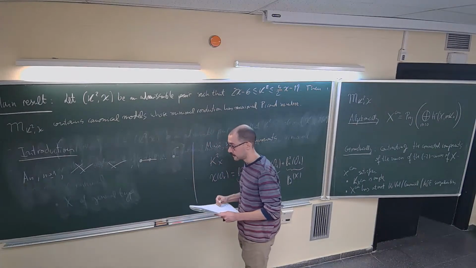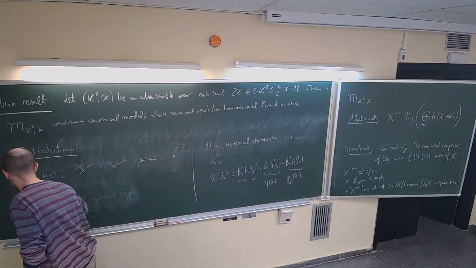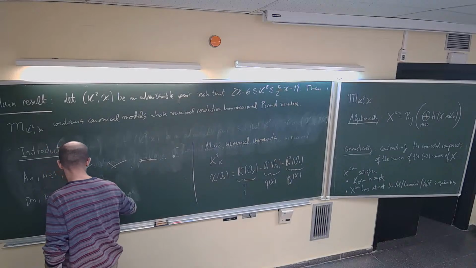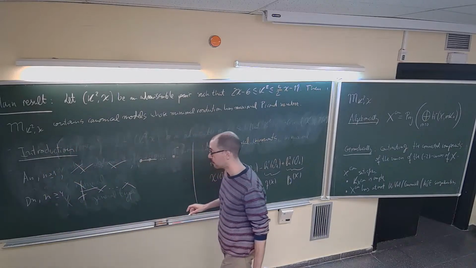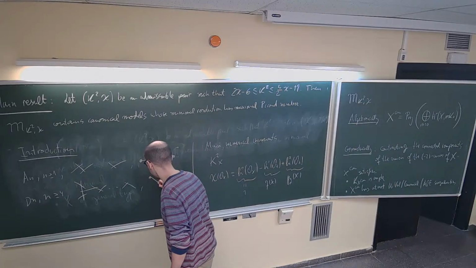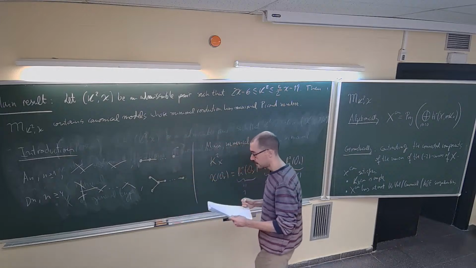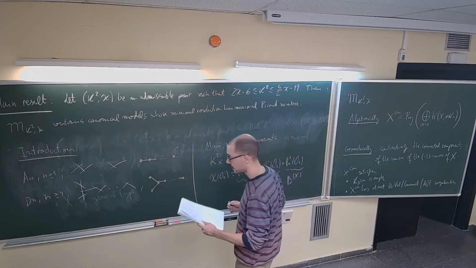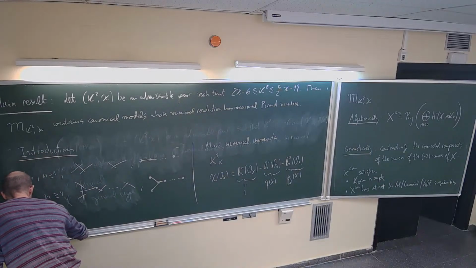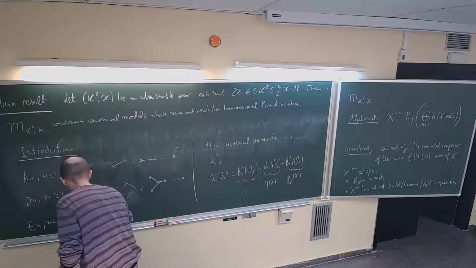Then, these canonical models can also have D_n singularities. In this case, we have a configuration of -2 curves that looks like this, and the dual graph is this linking diagram. And we also may have E_n singularities, which look like this.